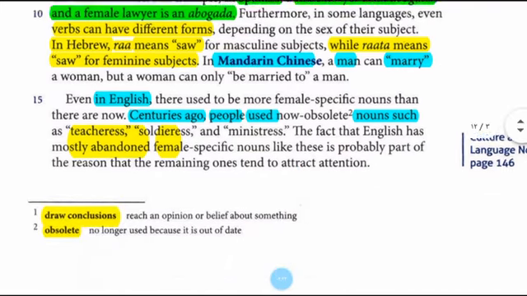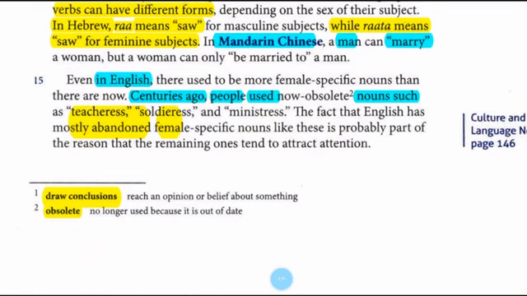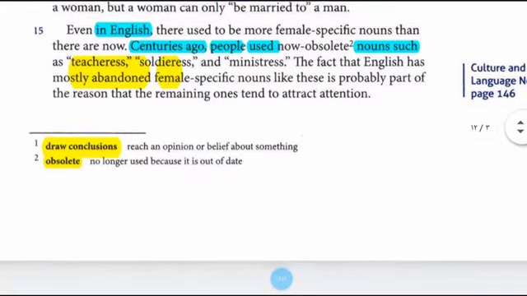Okay? In Old English, there were so many female nouns. For example, teacher, teacheress, soldieress, minstress, but they are now abandoned. They don't use them. They use a neutral noun for both male and female.